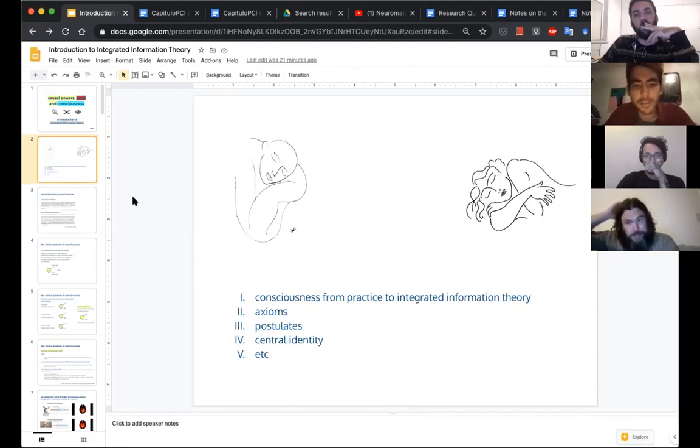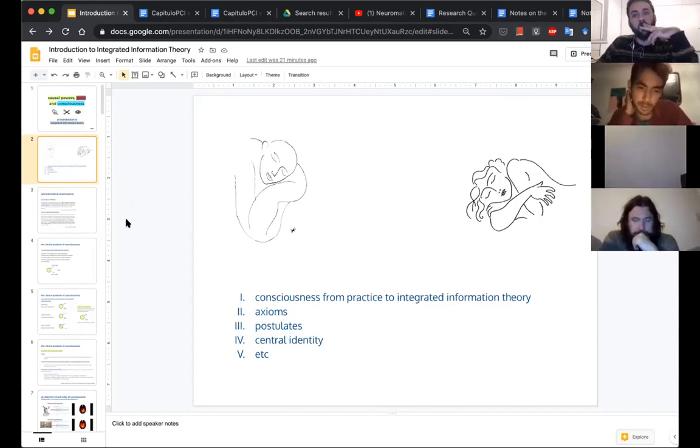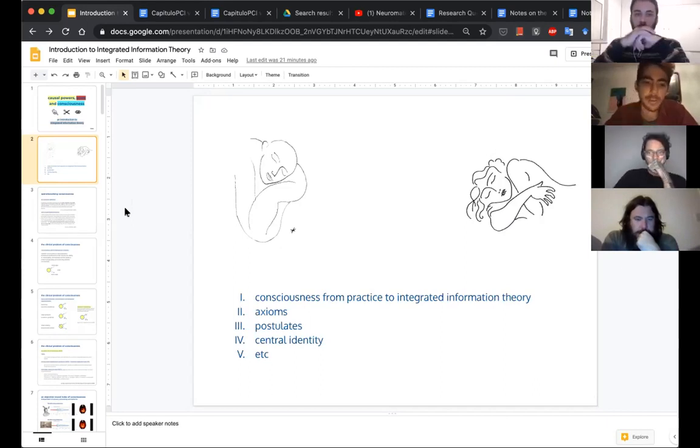Then I'll use that to motivate how integrated information appears in this context. Then I'll go through the axioms of experience and the postulates of the physical substrate, and then arrive at its main identity, which postulates an identity between a certain structure of cause-effect power and phenomenology. And then I have some discussion points if we get there.